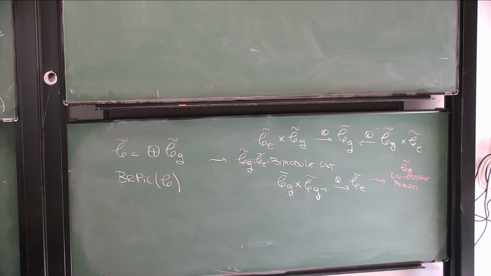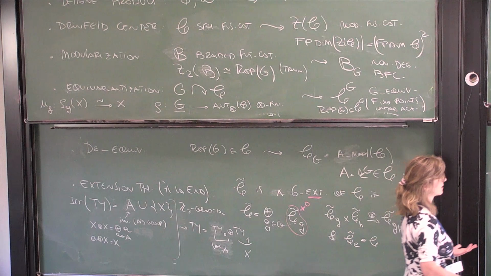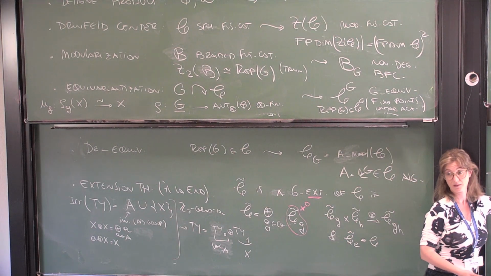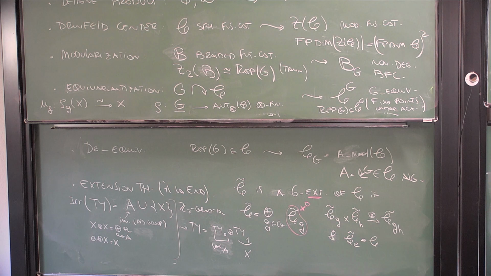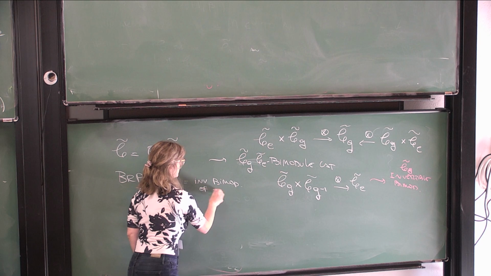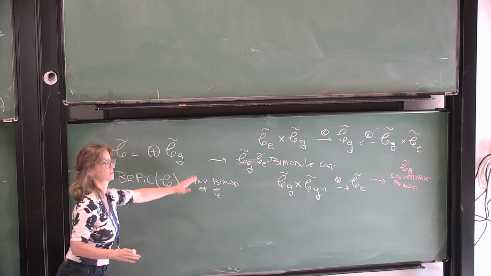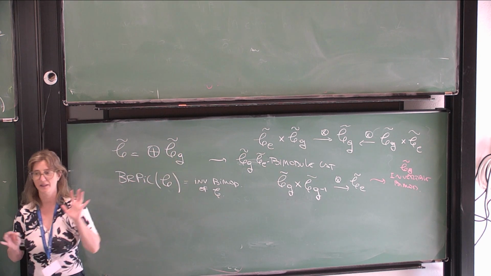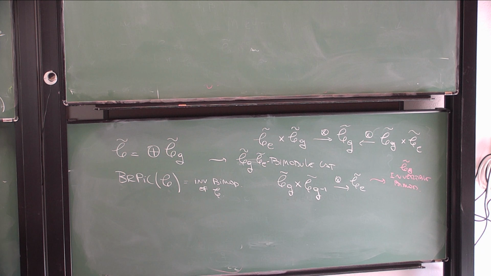If I want to construct extensions, I need to know who are the invertible bimodules of C. So this will be the invertible bimodules of C. And I'm being very sloppy here. You need to write something better. You can define it higher with more structure. I'm just saying it very briefly.